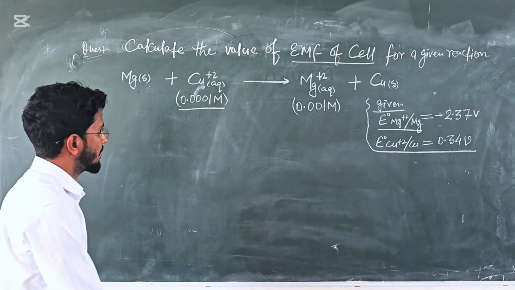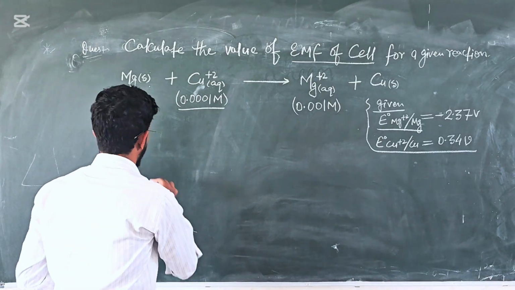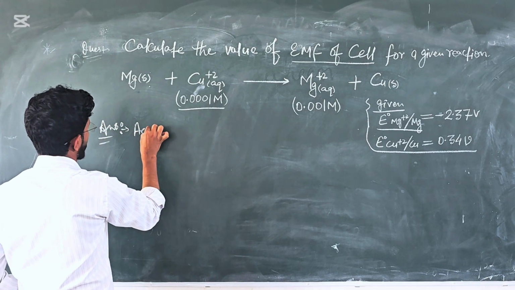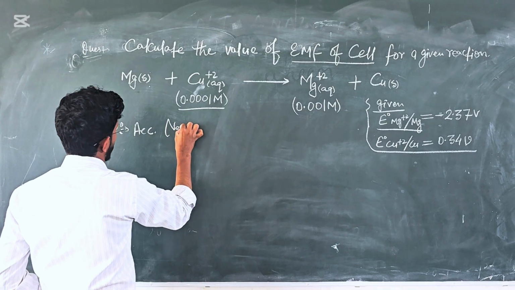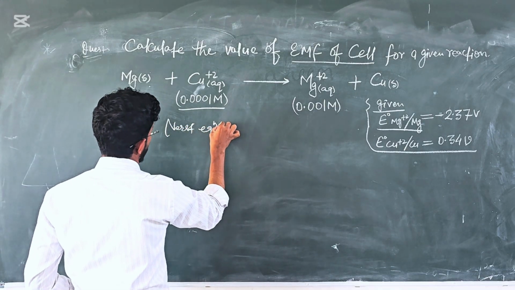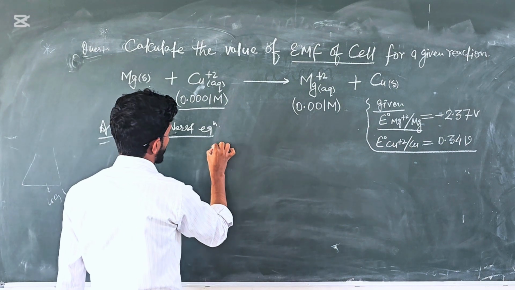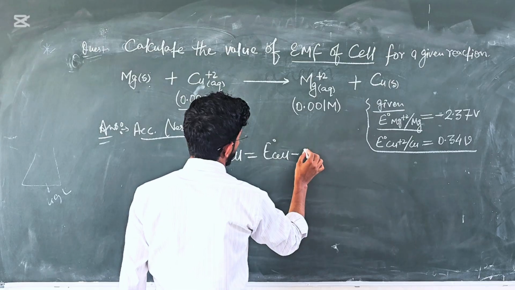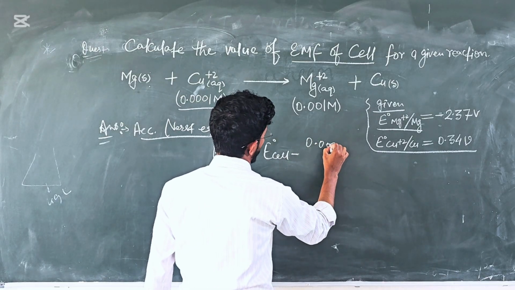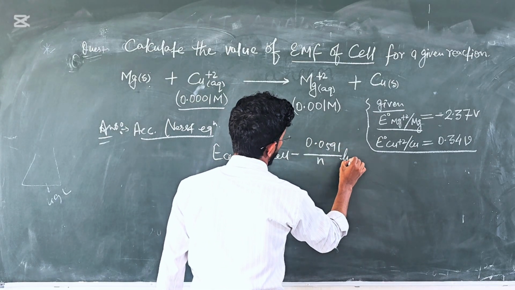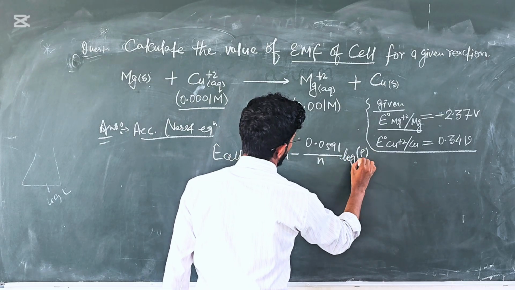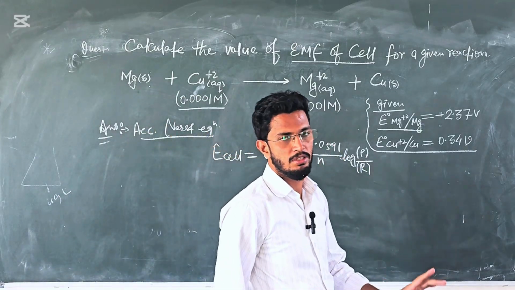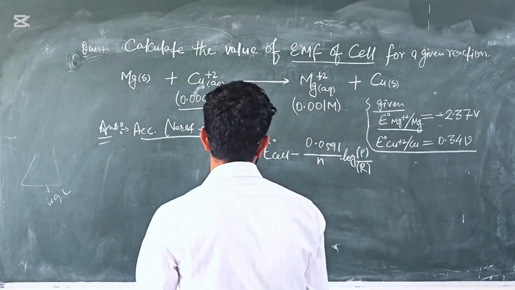How can we find the value of EMF of the cell? By simply using the Nernst equation. According to the Nernst equation, E cell is equal to E naught cell minus 0.0591 upon n log of concentration of product upon concentration of reactant.